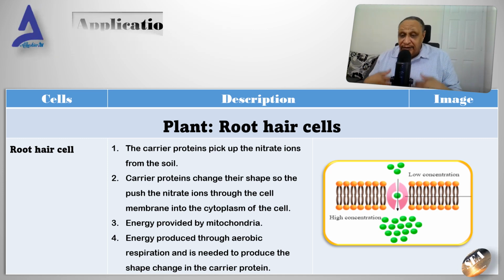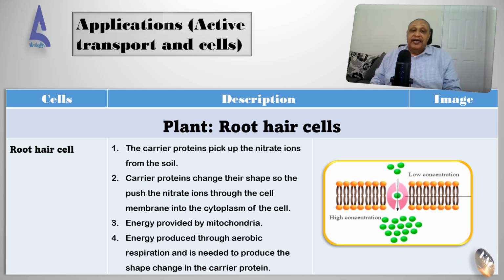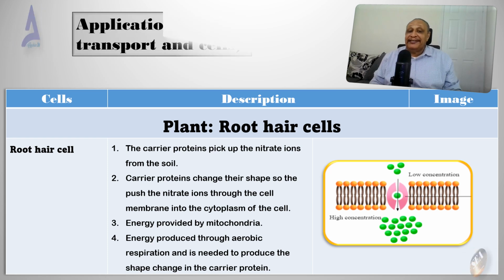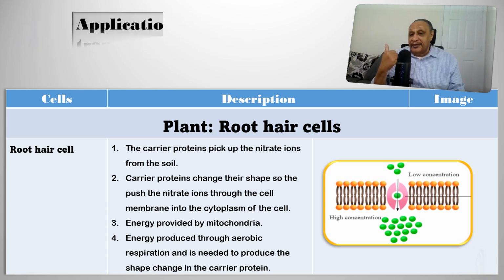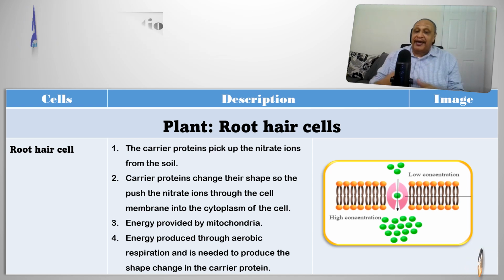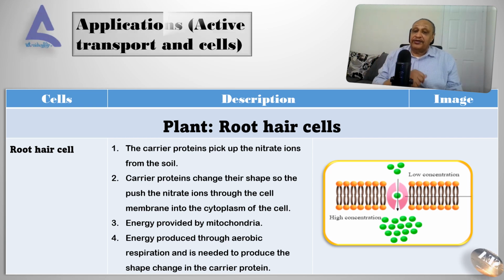What type of energy? It is ATP energy, adenosine triphosphate, produced through aerobic respiration, and it is needed to produce the shape change in the carrier protein. So why do we need this energy? Because we need to change the protein shape and at the same time move the nitrate from low concentration to high concentration. Very nice.